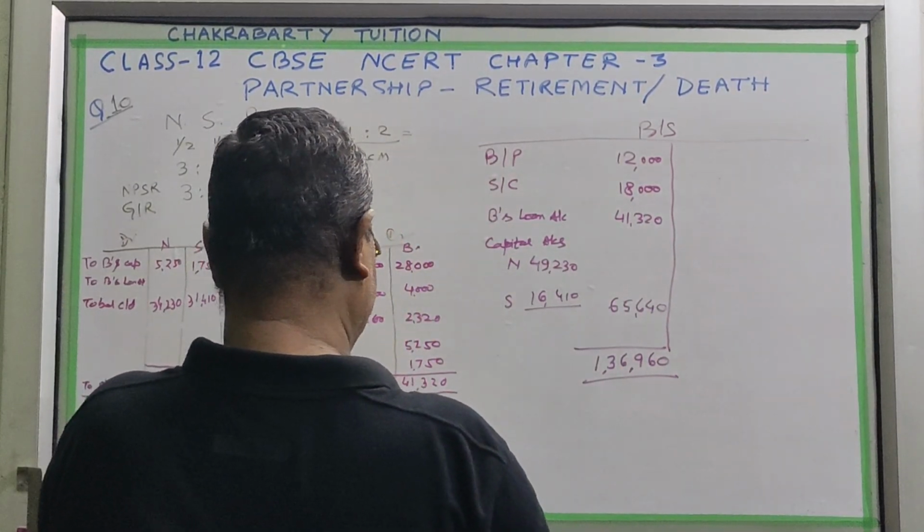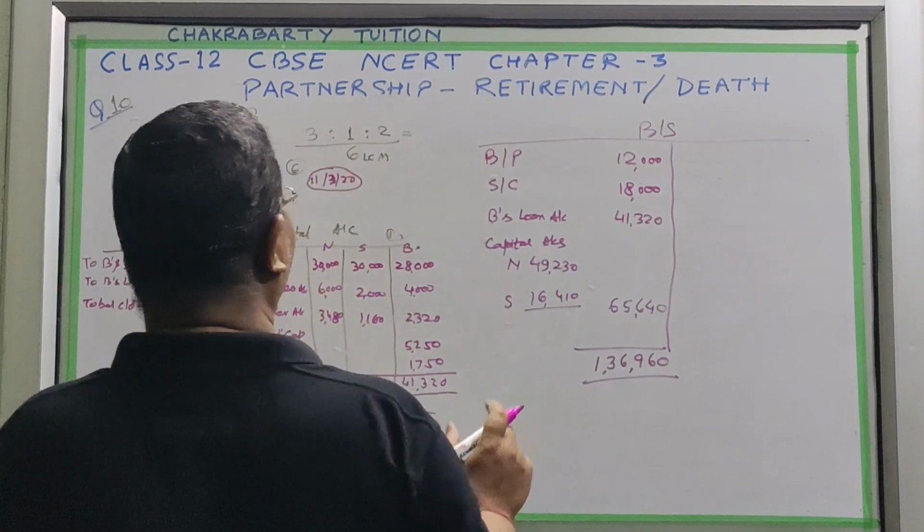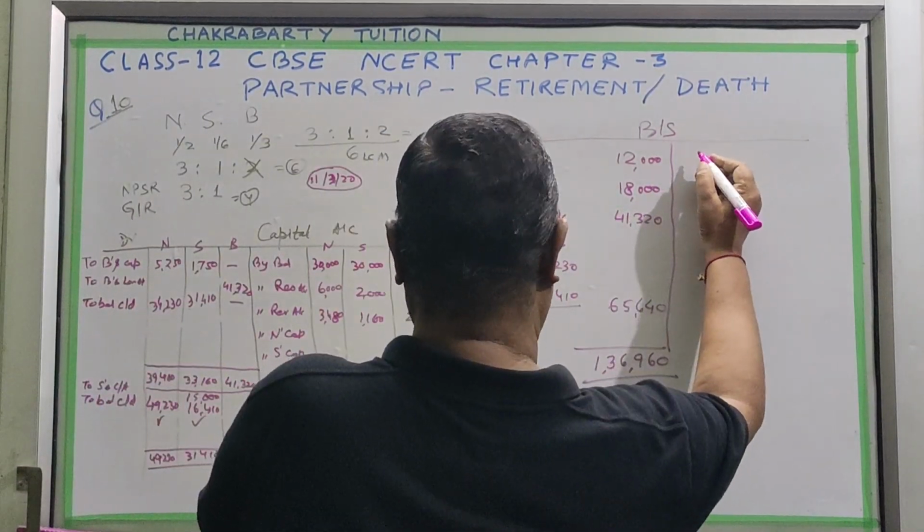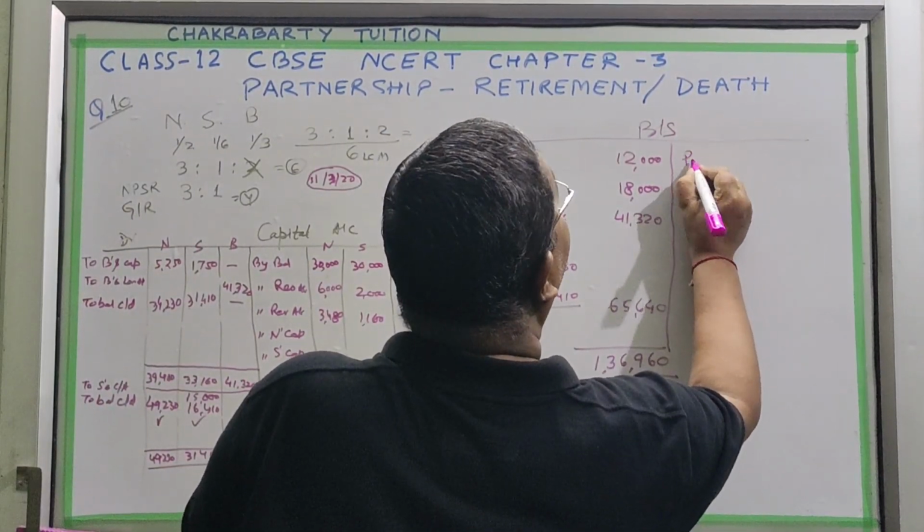Okay, and on the credit side we have to remember all the adjustments. So first is premises.